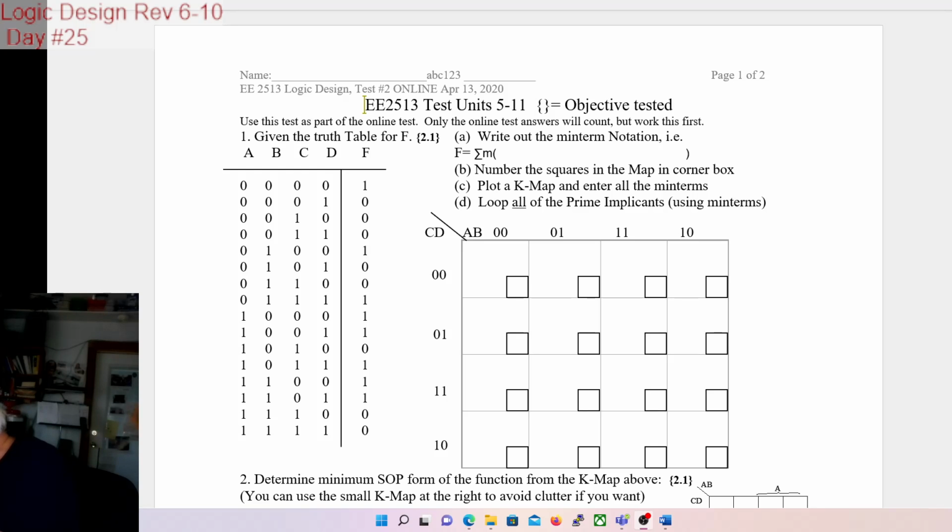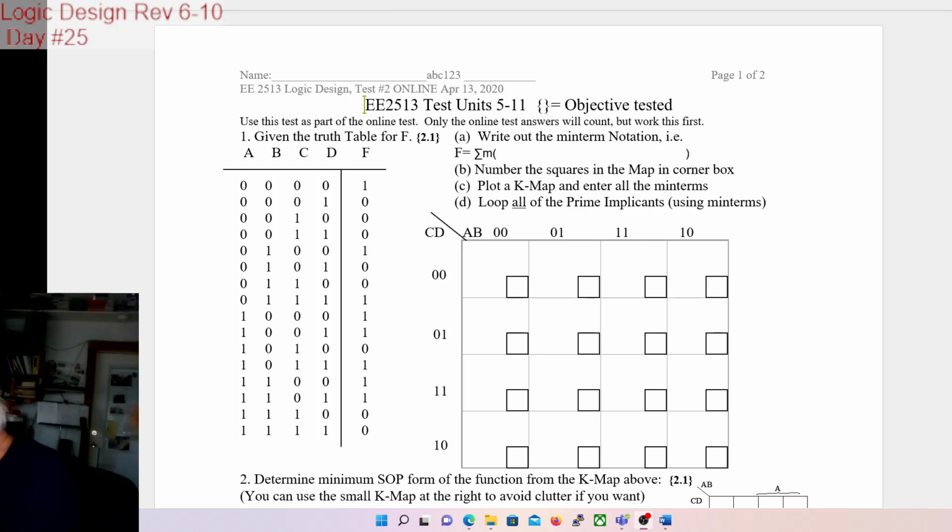A plus B plus D prime, and then this one's going to be A plus B plus C prime. So we have our 2 non-essentials here, our essential, essential, and essential.